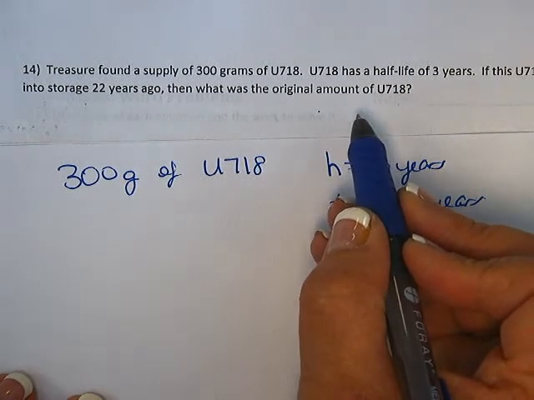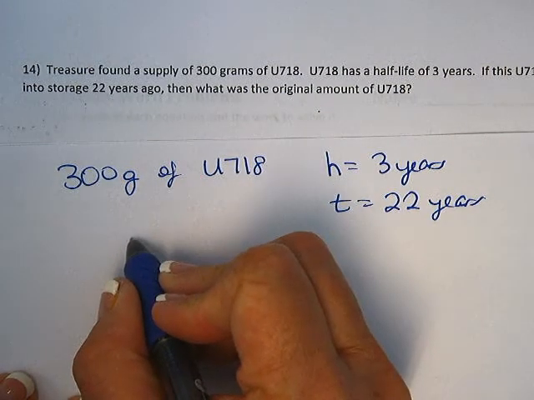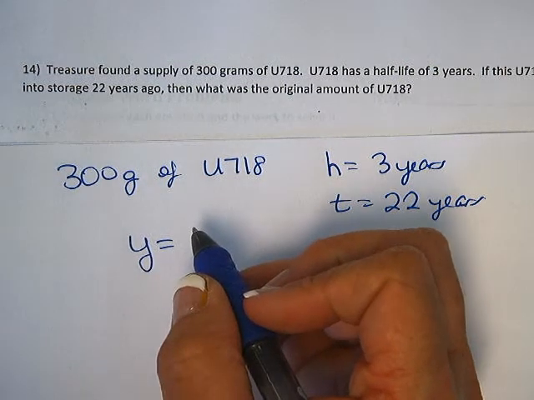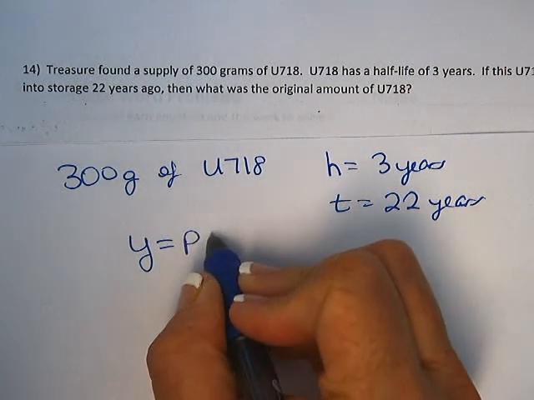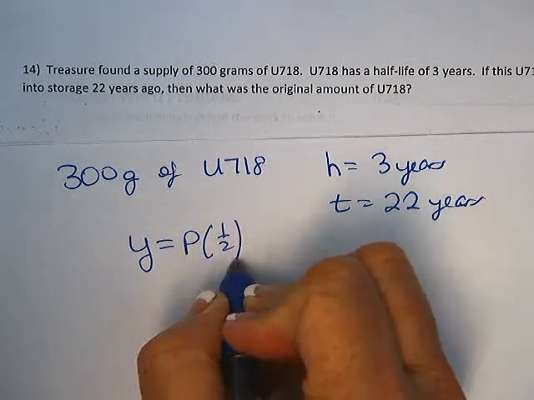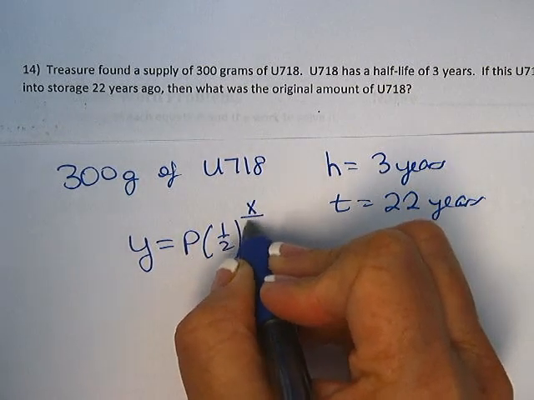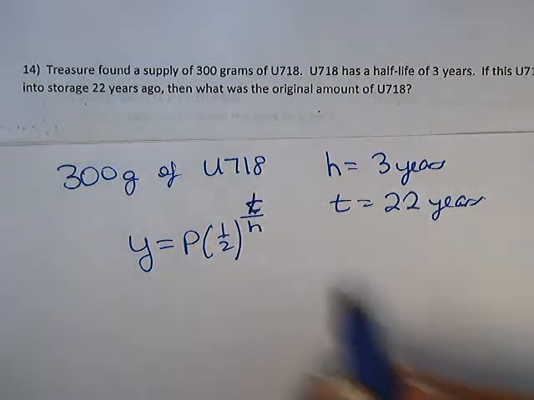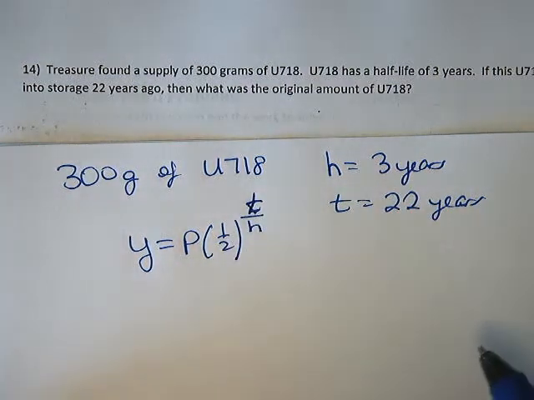So in this case, I don't know what P is. My equation looks like Y is equal to P times 1/2 to the X divided by H, or T, sorry, in this case. It doesn't really matter if it's a T or an X right there.